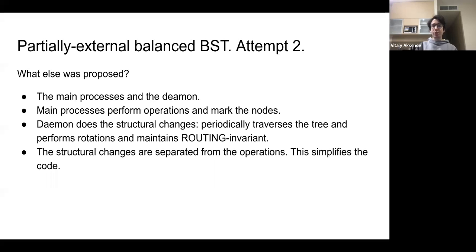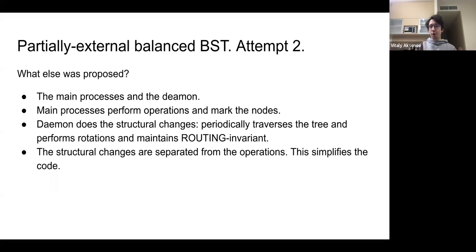So main processes do not do rotations or deletions; the daemon does that. It traverses the tree, performs rotations, and maintains the routing invariant. And since you have these structural changes separated from the operations, this highly simplifies the code.